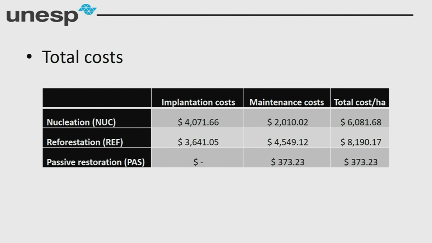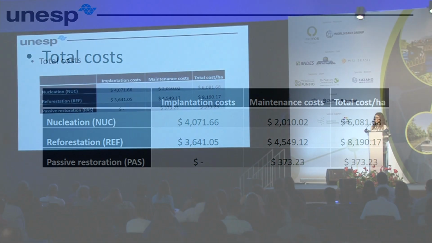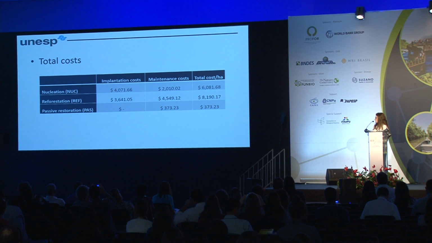So in nucleation, the maintenance costs were about $2,000, and for reforestation, we had about $4,500. So the total cost of nucleation per hectare was about $6,000, and for reforestation was about $8,000.